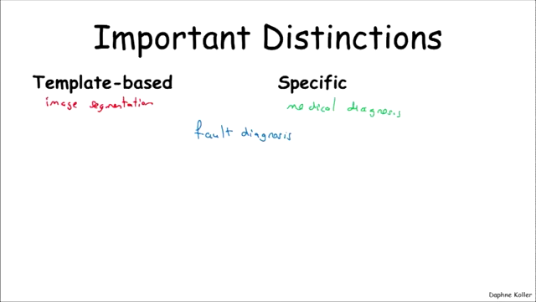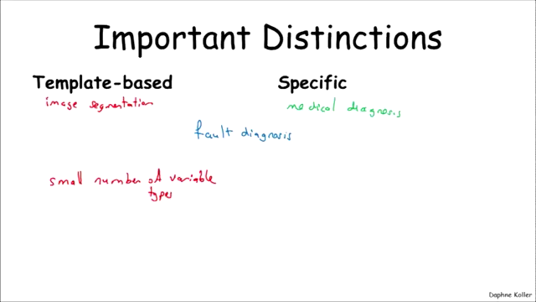That said, once you've decided where on this spectrum you sit, it really changes the way in which you tackle the knowledge engineering problem, because template-based models usually, not always, but usually have a fairly small number of variable types. So for example, in our image segmentation setting, you have the class label. That is one variable type.